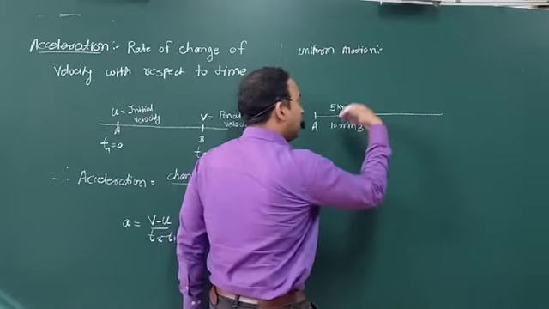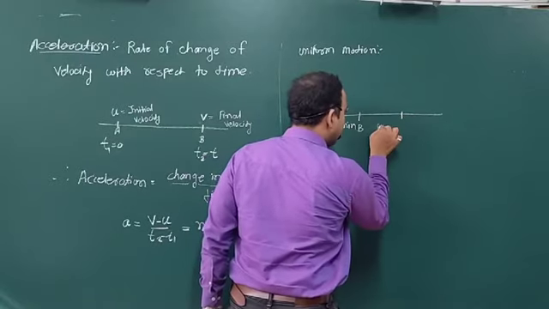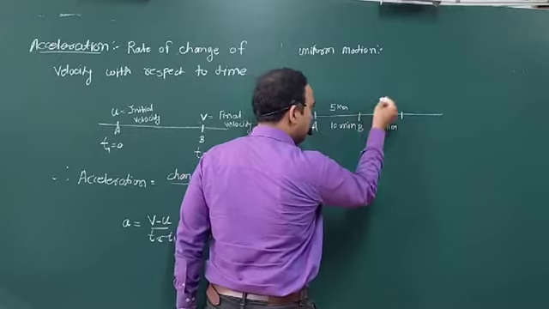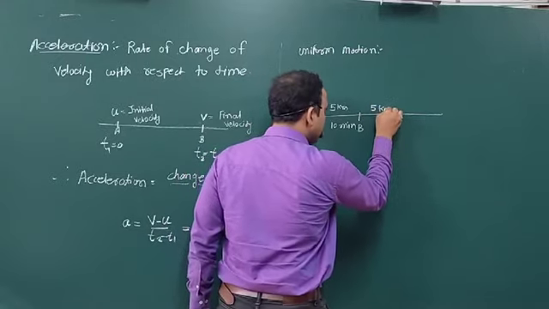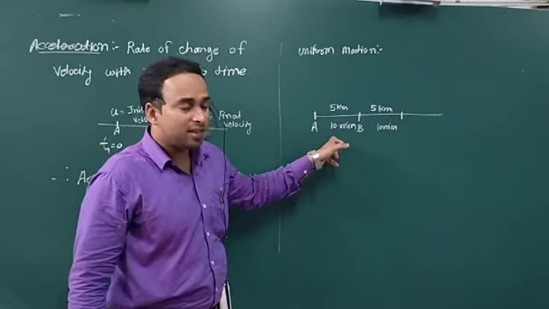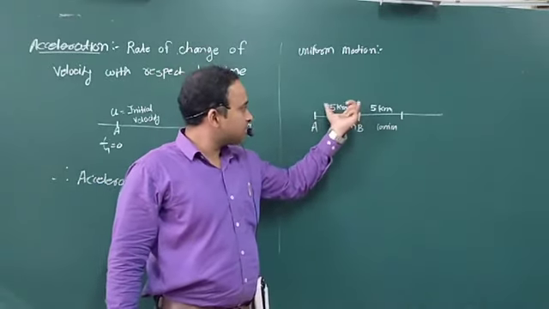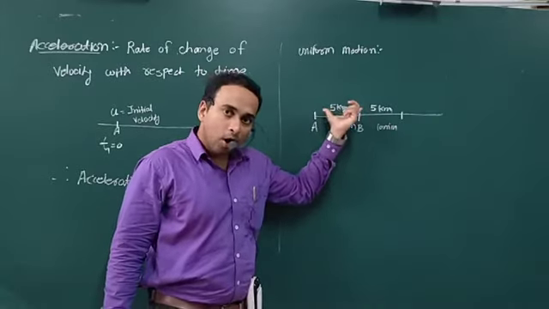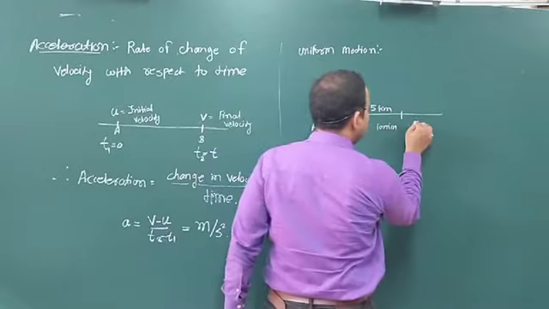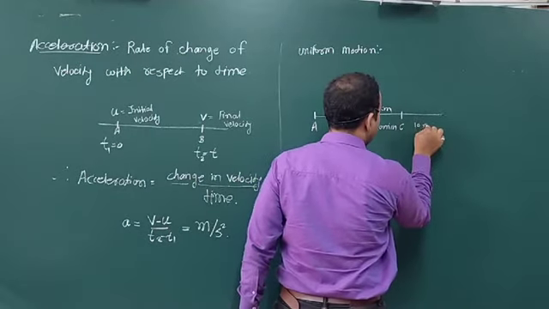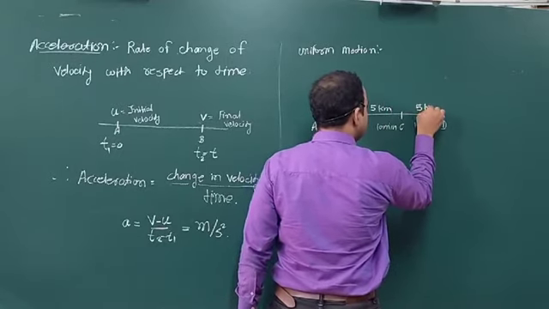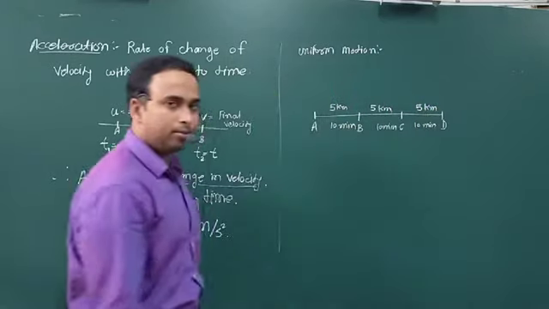Again, for the next 10 minutes, this particle again covers 5 km distance. That means the time interval is the same and the distance covered by the object is also the same. For the next 10 minutes, that particle also covers a distance of 5 kilometers.